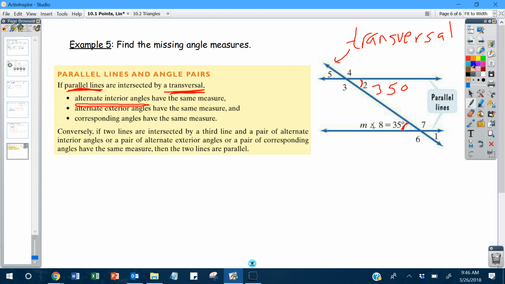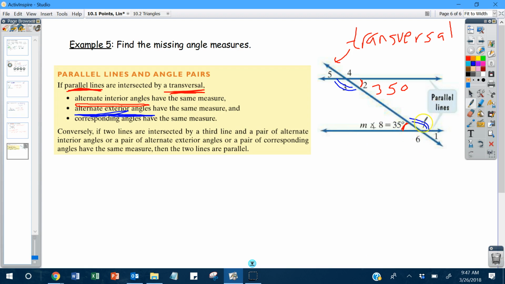All right, I'm going to use a different color now to label other things. We also have this idea of alternate exterior angles, which instead of these interior ones, would now refer to these exterior ones. And those have the same measure, which is kind of nice. So if we know the measure of angle 7, we can find the measure of angle 3. We don't actually know that off the top of our heads, but we know that we have a straight line here.